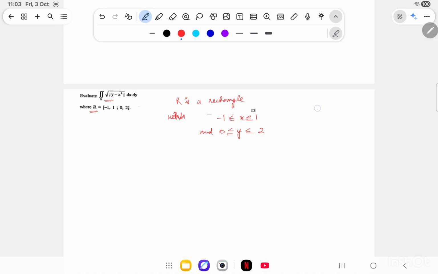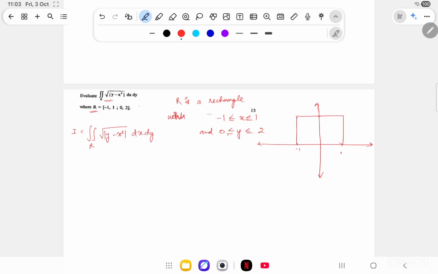If I plot my region R, it will be somewhat like this: -1, 1, 0, 2. This rectangle denotes my region R, and I'm supposed to evaluate the double integral over R of under root of modulus y minus x square, dx dy.